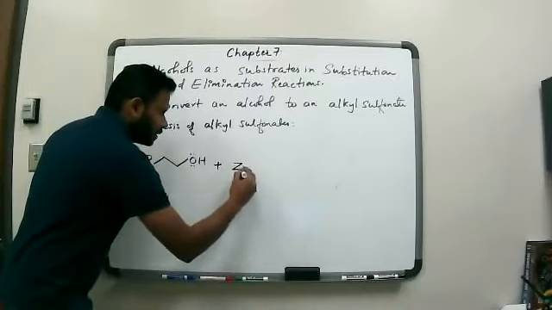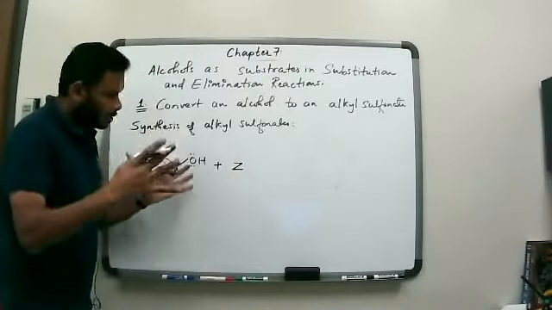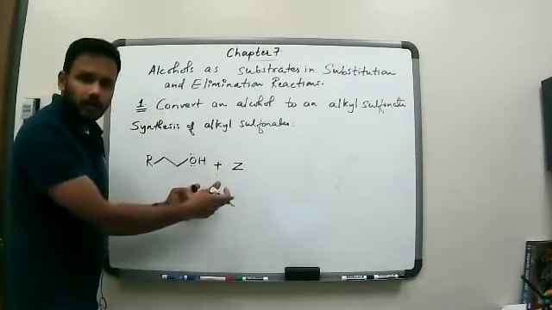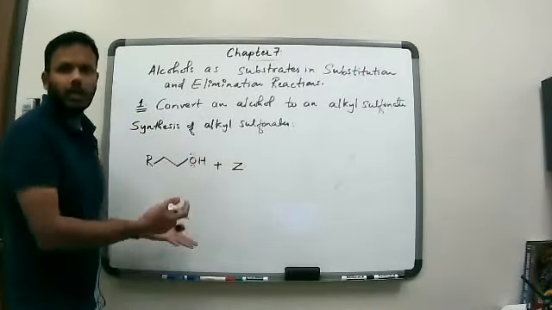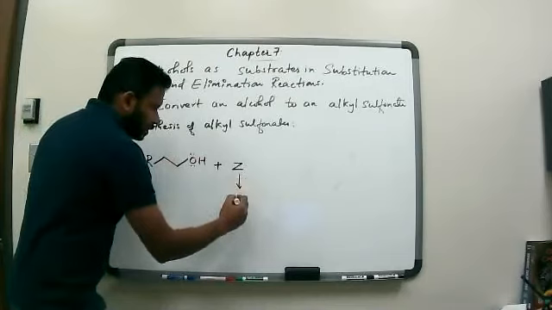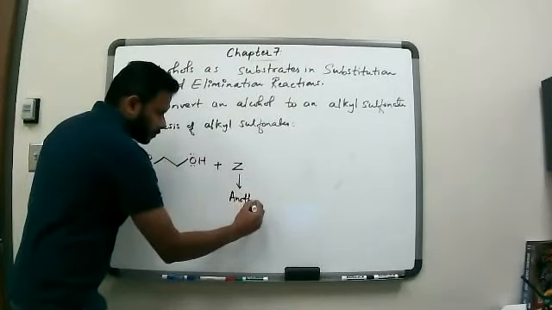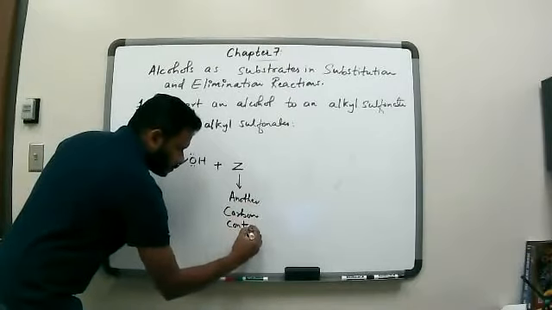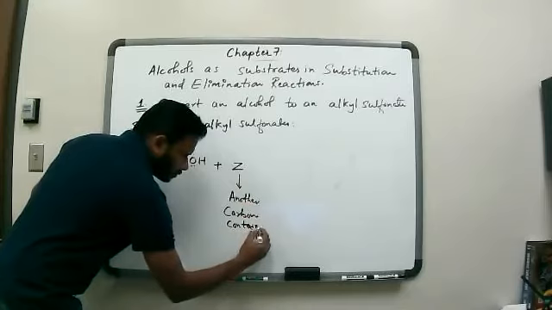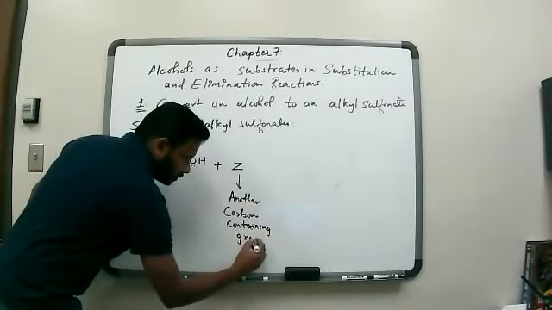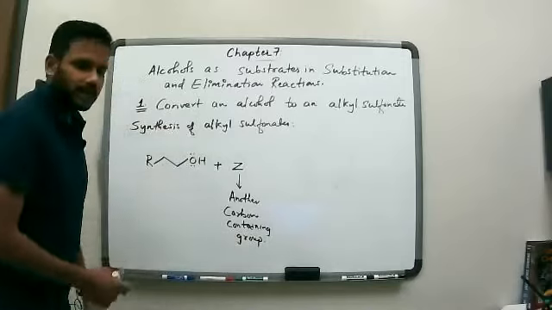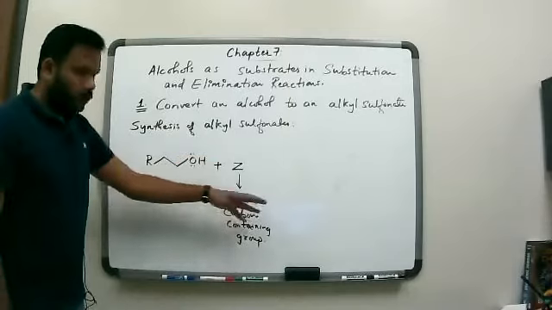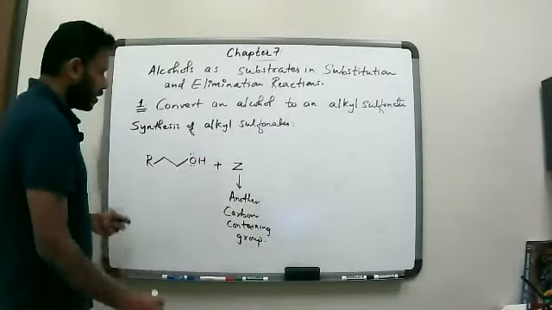We're going to write this as Z, where Z is some group. I might as well write an R there because it is some carbon containing group. In most examples, Z is basically a carbon containing group, and I will write down some examples of what Z could be.